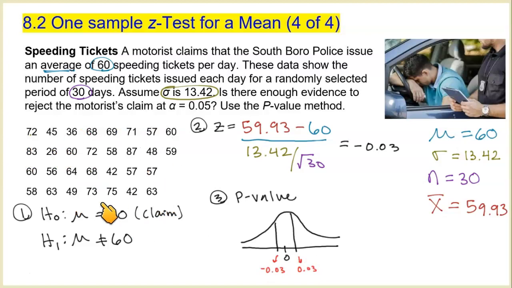So this is just one sample of a period of 30 days, a randomly selected 30 days. If by chance whoever is conducting this survey or experiment collects another random 30 days, maybe the average they get will be greater than 60.